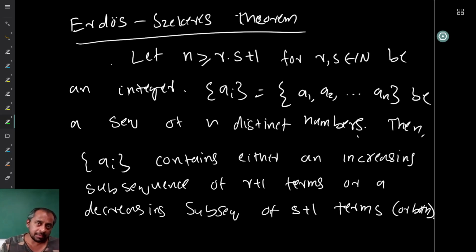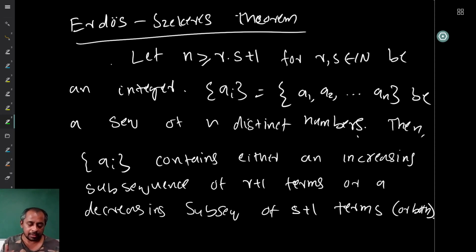Now, what is an increasing subsequence? You take the sequence as it is and just remove some of the elements from there. What remains is a subsequence. And if in this subsequence, whenever you go to the right, every number increases, that is an increasing subsequence. A decreasing subsequence is exactly that: you take a subsequence, but it decreases each time.